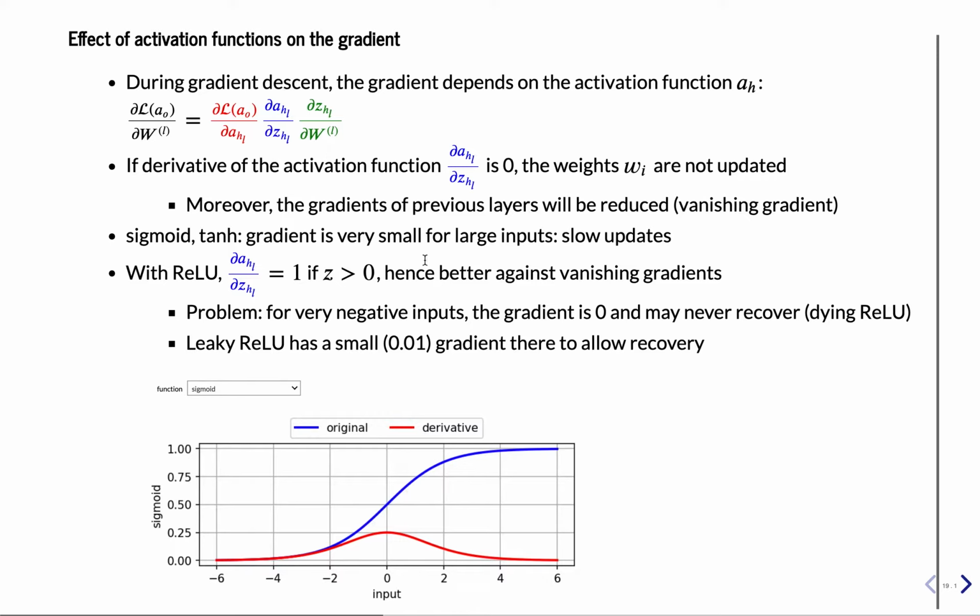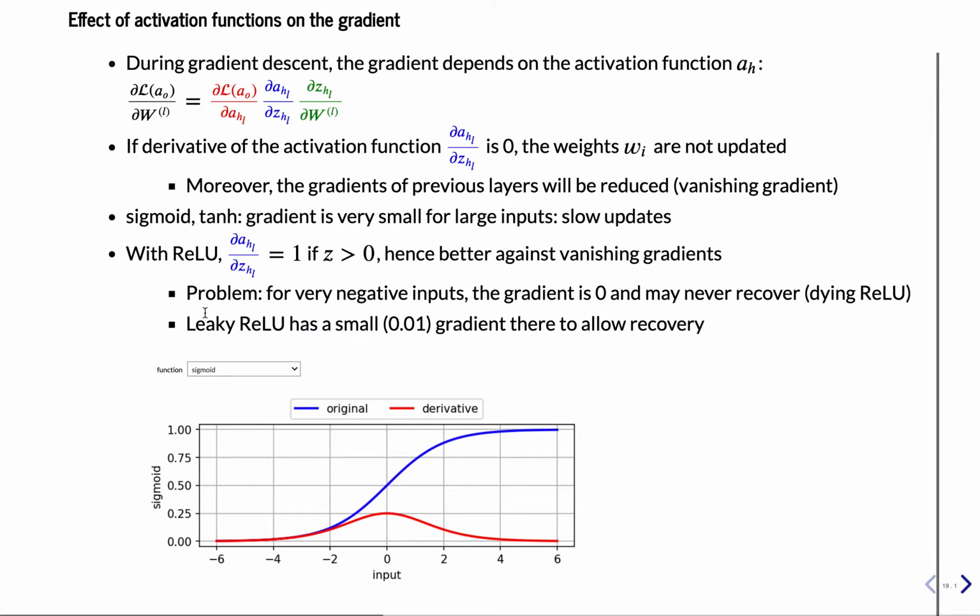If this derivative happens to be 0, then the gradient is 0. And none of the weights will be updated, and there's no learning happening whatsoever. So we definitely want to avoid that. And also, if this is 0 or very small, it also will drastically reduce the gradients of the previous layers. We call this a vanishing gradient. The signal gets lost, and the early layers cannot update anymore.